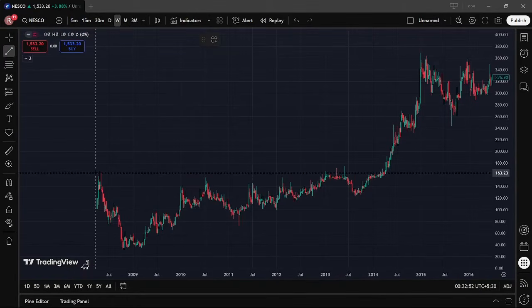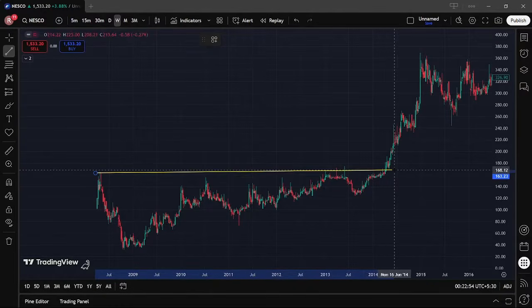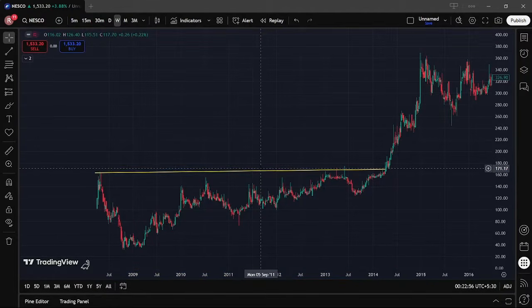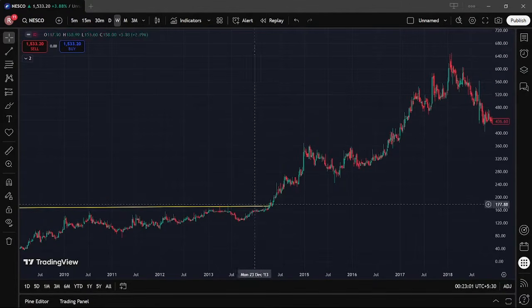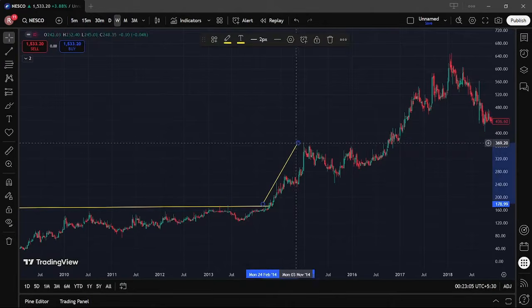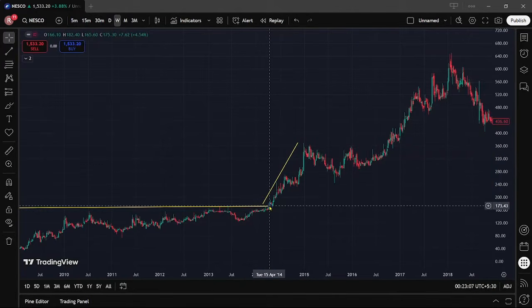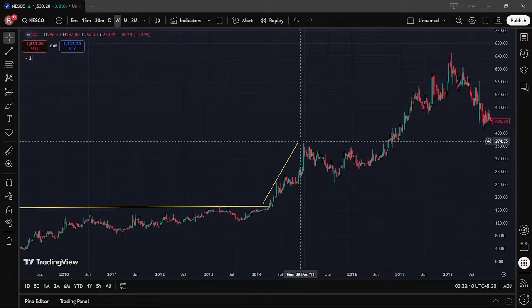If we can see, when this consolidation broke, it gave a good return right from here till this level. So it was trading near 170.